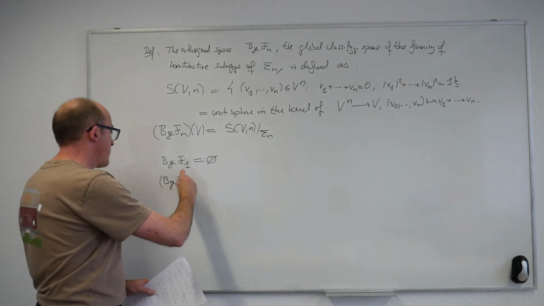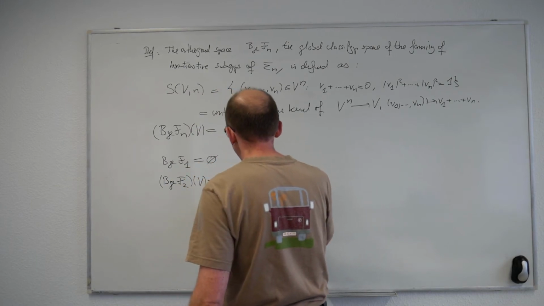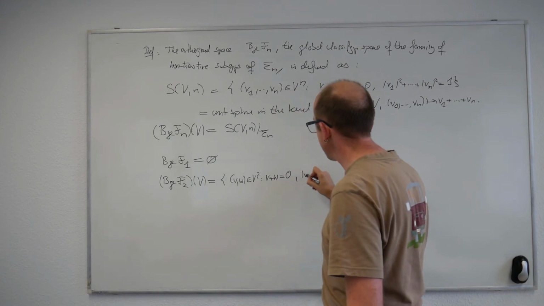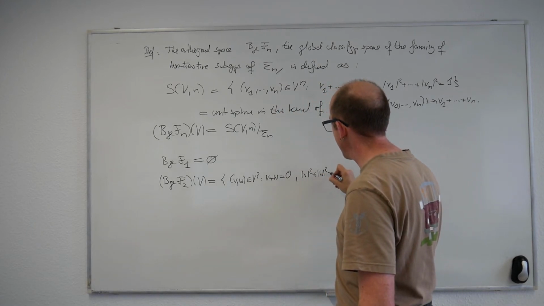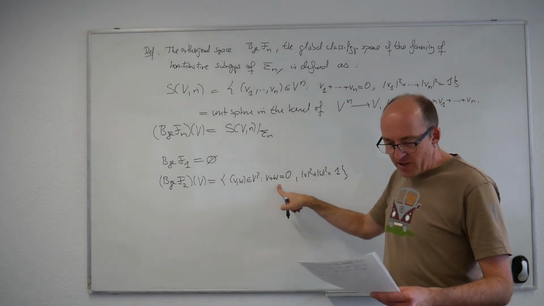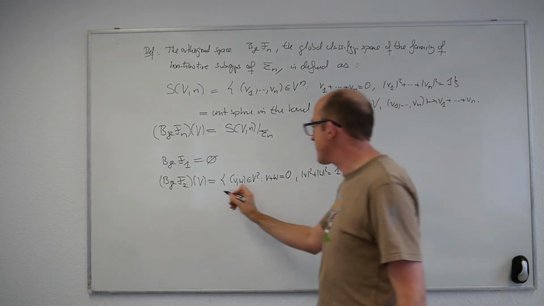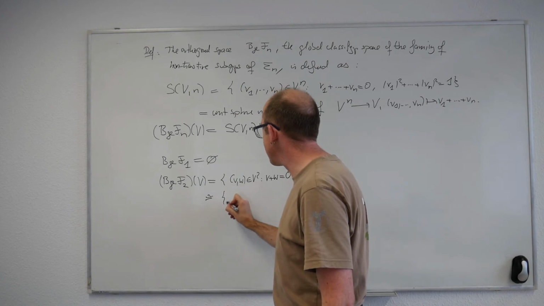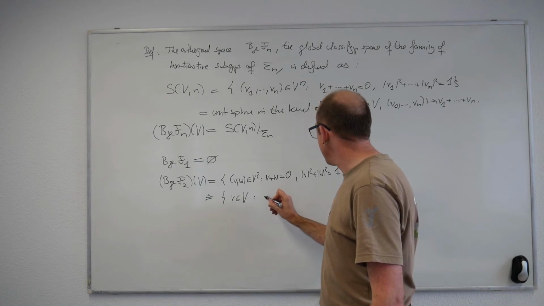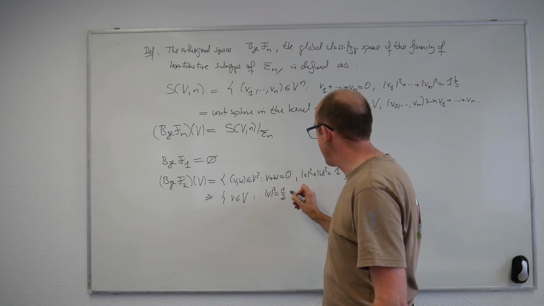So let's look at what this means. By definition, this would consist of vectors (v,w) in V^2 with the property that v plus w is 0 and |v|^2 plus |w|^2 is 1. But of course, the first relation, that the sum is 0, means that one of the vectors is the negative of the other, so in particular they have the same length. So we can identify this, by setting w to minus v, with the space of all vectors v in V such that |v|^2 is 1/2.